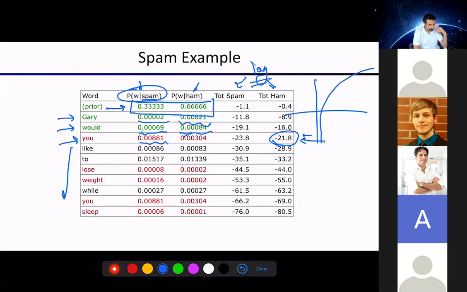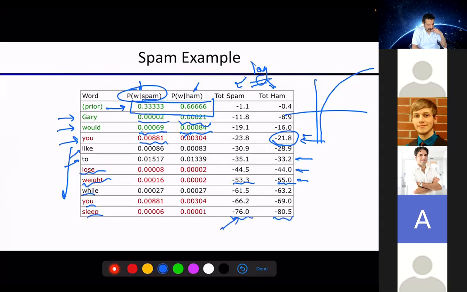As you observe these words, the model at this point still thinks that it is a ham. Still after seeing glues, it thinks that it is a ham, but you saw that it's getting closer to each other, right? And at this point, when it saw weights, it thinks that this is probably going to be a spam. And then you are asleep, and at the end you saw that this is a lot larger than this one.